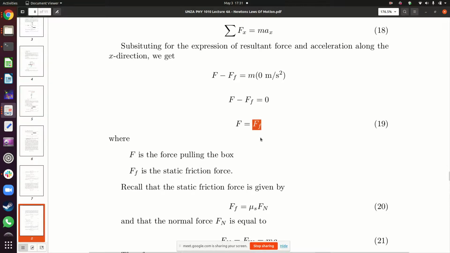Now, this friction we are talking about is the friction an object has when it is motionless, and that friction is what is called static friction force. So in this case, when your box remains motionless, the pulling force is equal to the static friction force.